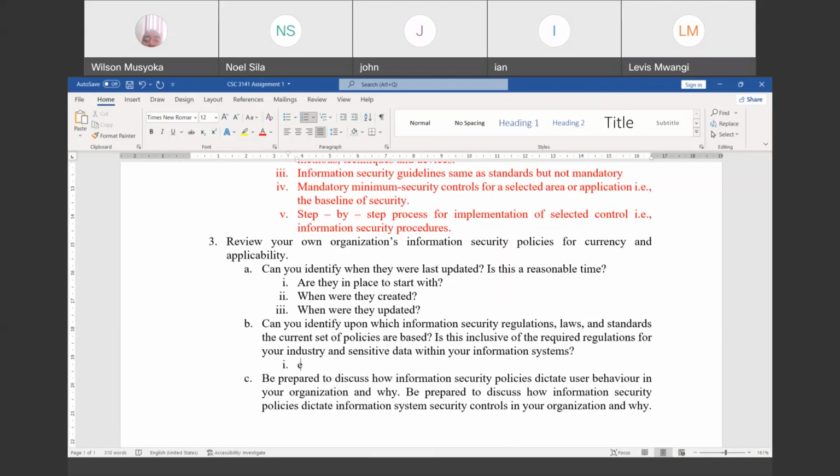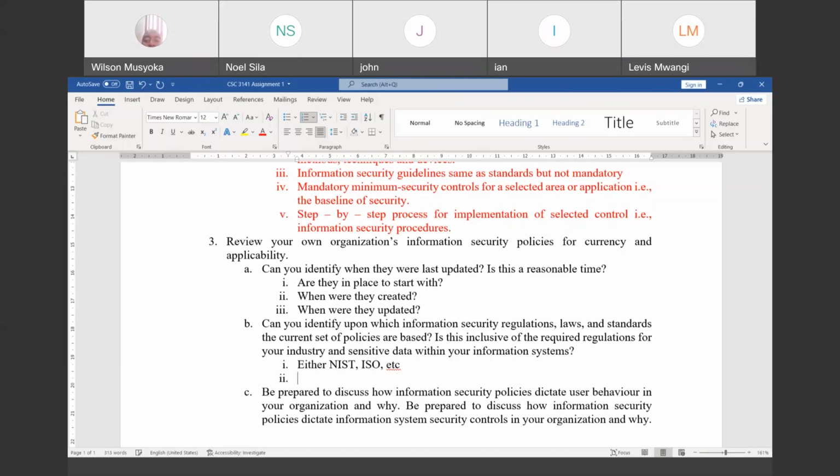All of those are different examples of bodies which have come up with standards you can use. And then, is this inclusive of the required regulations for your industry and sensitive data within your information system? So, which standard are they based on? And is it working, or do you need a hybrid? Just what we have covered now.